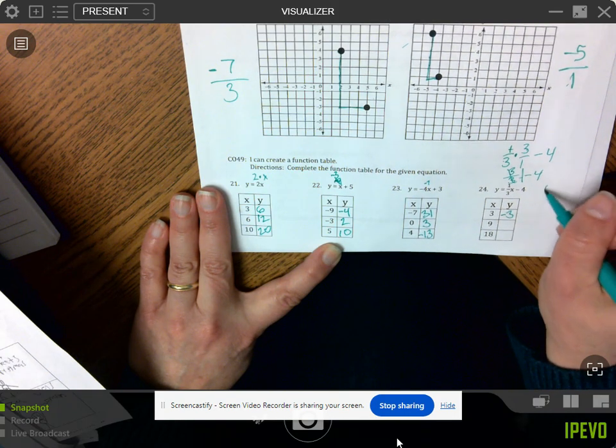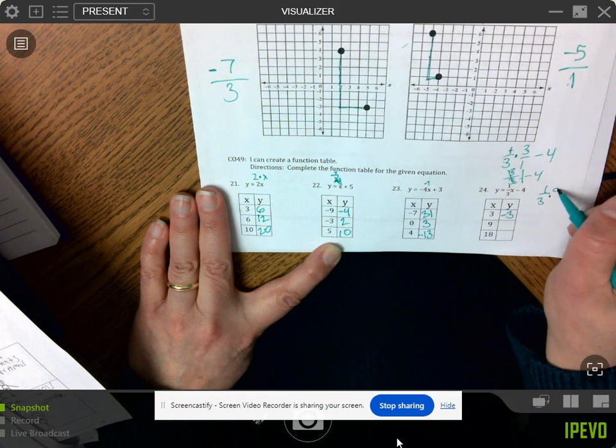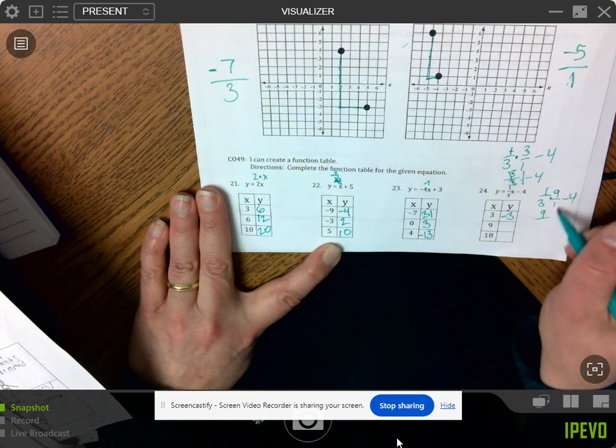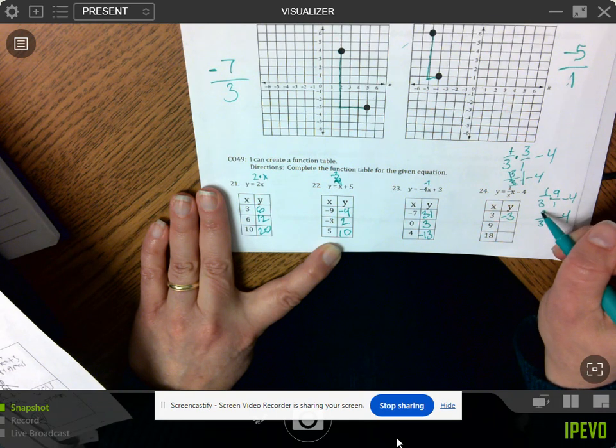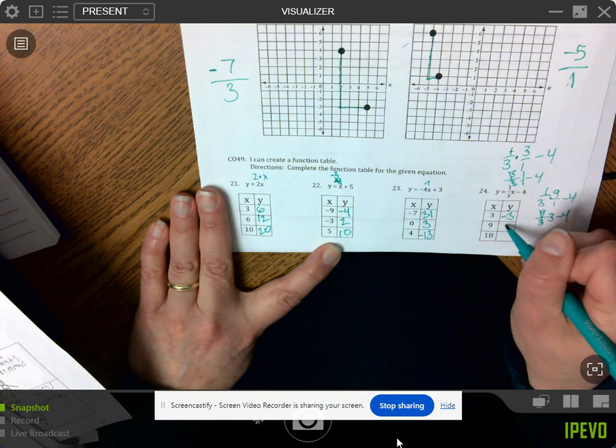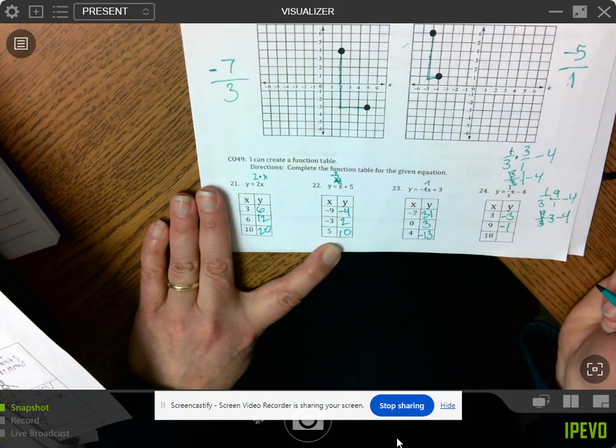Then I have 1/3 times 9 minus 4. That's a 9 over 1. 1 times 9 is 9. 3 times 1 is 3 minus 4. 9 over 3 is a what? It's a 3. 9 divided by 3 is 3. So I have 3 minus 4 is -1.